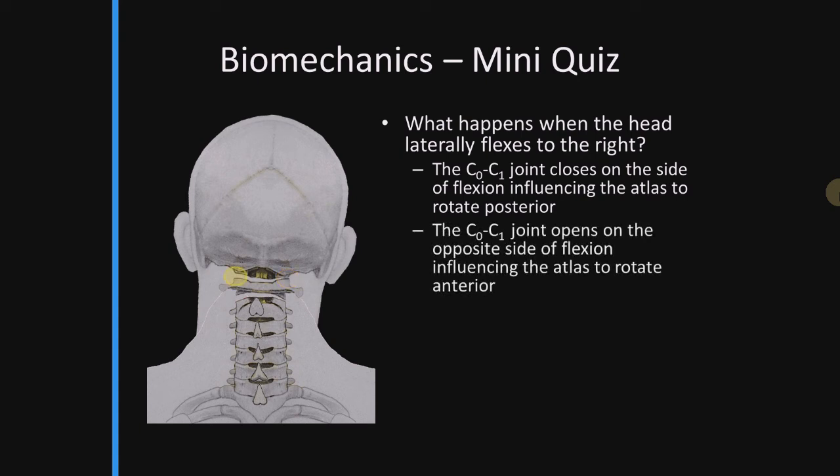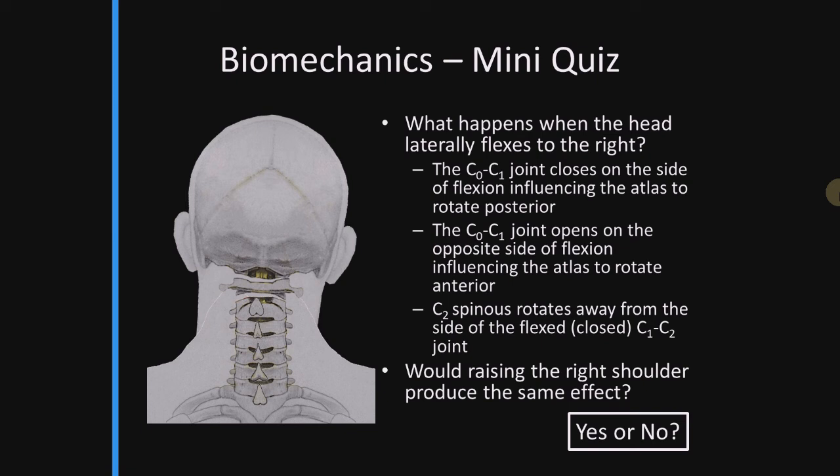You can see that we opened the occiput C1 joint on the opposite side of lateral flexion, which allows more room for the larger posterior mass on that side to want to come through the open joint. C2 spinous will typically rotate away from the closed C1-C2 joint.